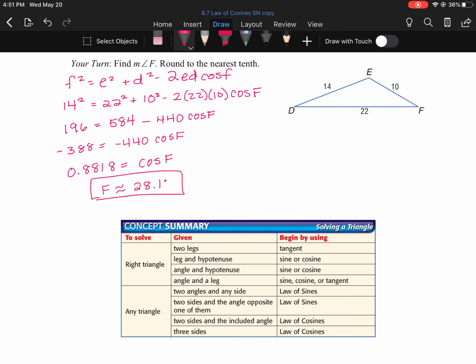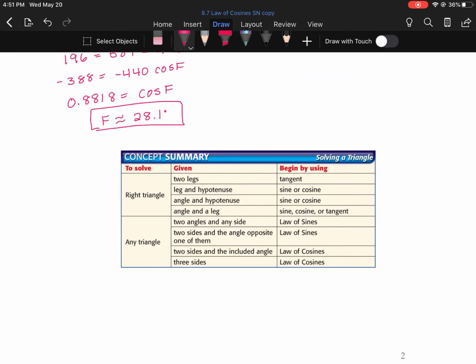All right, so we found that F was approximately 28.1 degrees. I'm just going to let you guys look over this little key concept box. It tells you if you're given a right triangle versus any triangle, and what information you're given, how to go about using or solving for that triangle.